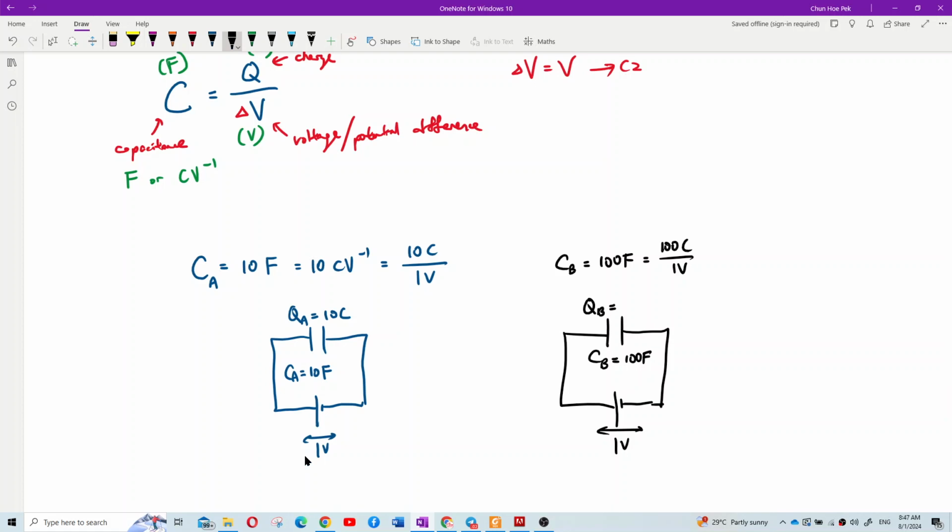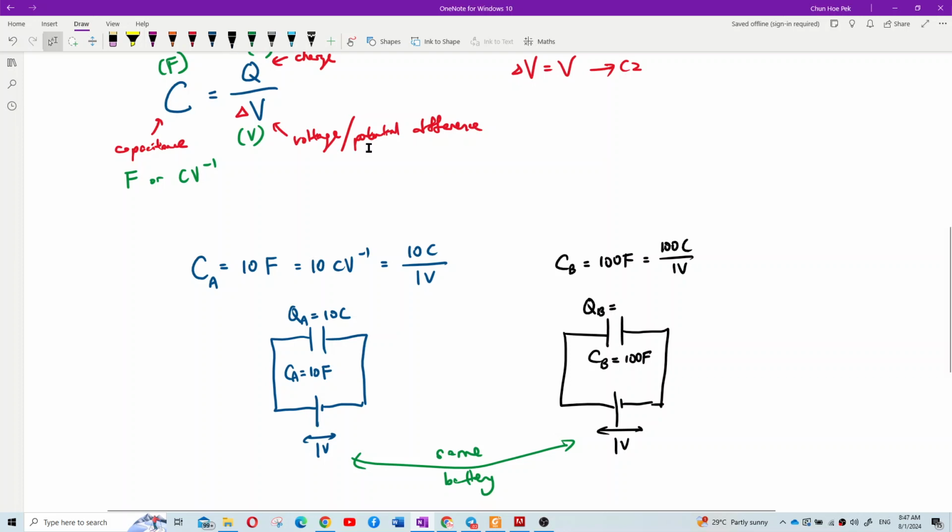100. For the same battery. These two are on the same battery. But which one has more ability to store charge? Which one stores more charge? B. Yeah, B is 100 farad.